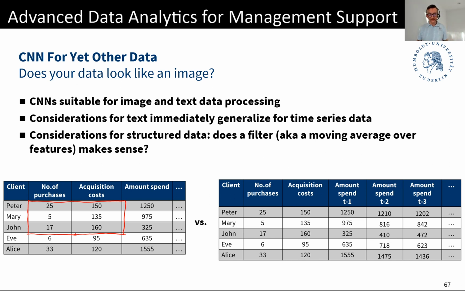We can permute our data row-wise, but it would change our feature maps tremendously. And there is no point in averaging the number of purchases across customers when we try to learn something about an individual customer, nor is there a point in doing moving averages over the features that characterize a single customer, because the arrangement of these features is arbitrary.